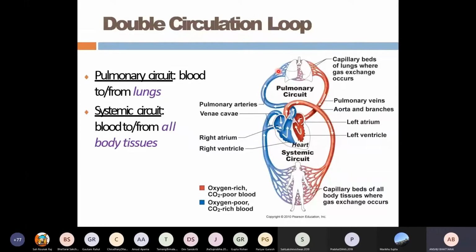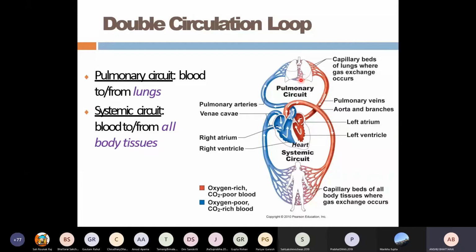I hope all of you know that lungs contain small air sacs which are known as alveoli. Air-filled sacs known as alveoli are present inside the lungs, and these alveoli contain air that is rich in oxygen. So this oxygen is then taken up by the pulmonary capillaries from the alveoli, and carbon dioxide is released into the alveoli from the pulmonary capillaries.